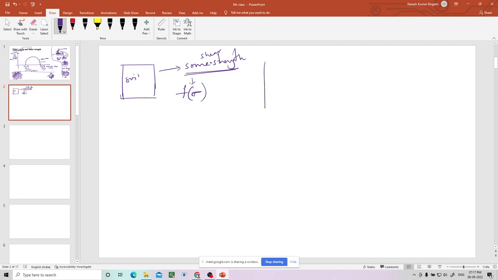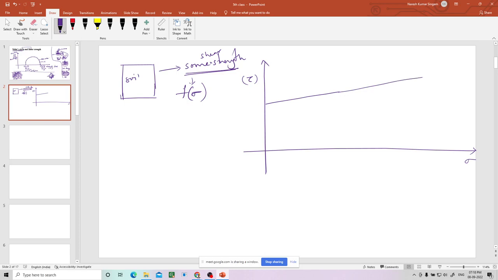Now, as we take normal stress versus shear stress, I told you there is a failure envelope, which is a straight line. This is S equals C plus sigma tan phi.